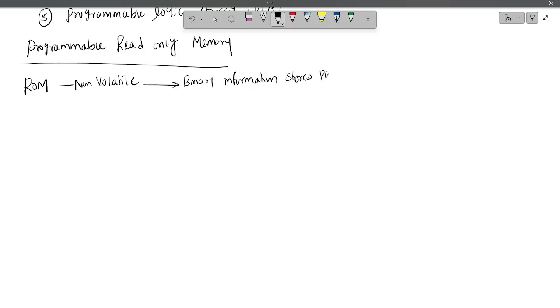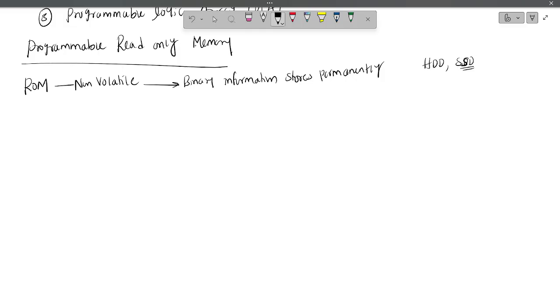Suppose in the laptops you are using nowadays, previously in olden days you used a hard disk, and nowadays you are using solid state devices, SSD. Those are one type of ROM only. The files and the operating system will be stored in ROM only.